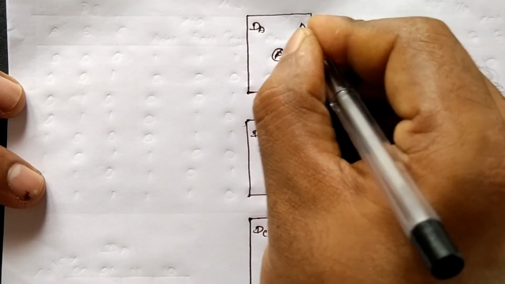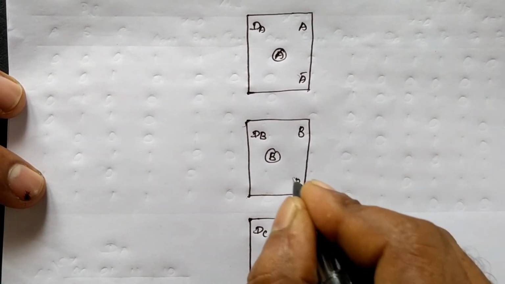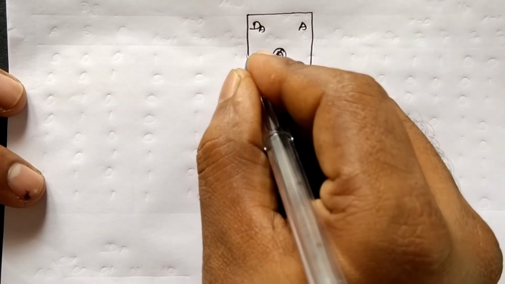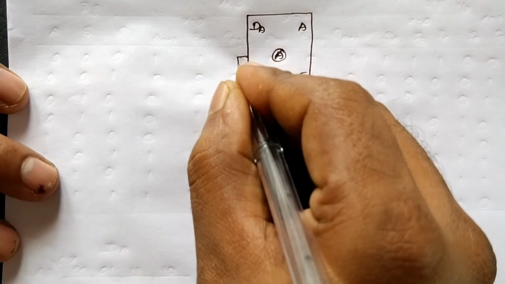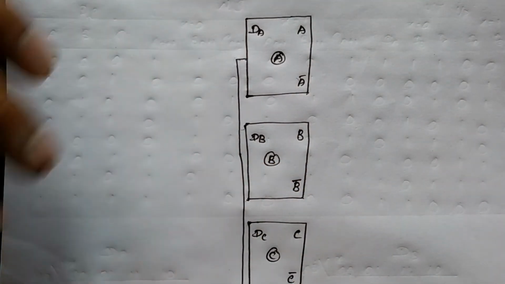And here the outputs are A, A bar, B, B bar, C and C bar. Here it's a synchronous circuit, therefore they are connected with a common clock signal.